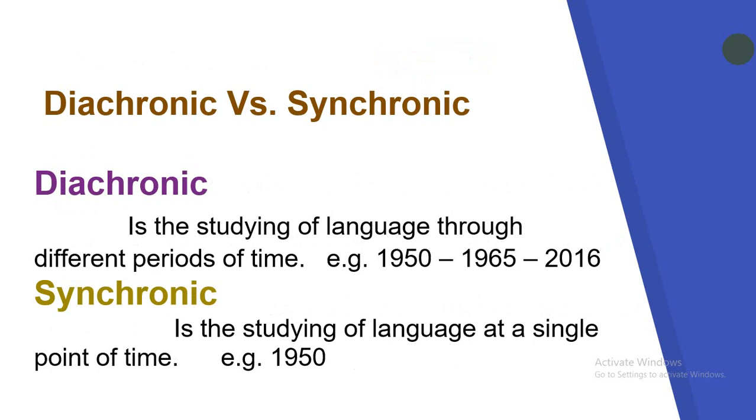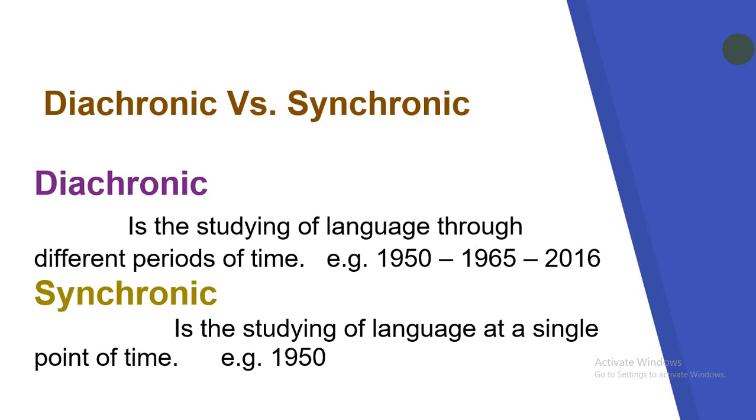Yes, next one is diachronic and synchronic. Many people and many students get confused between the two, diachronic and synchronic. Diachronic is the study of language through different periods of time, like 1950, 1965, 2016, 2019, different periods of time.